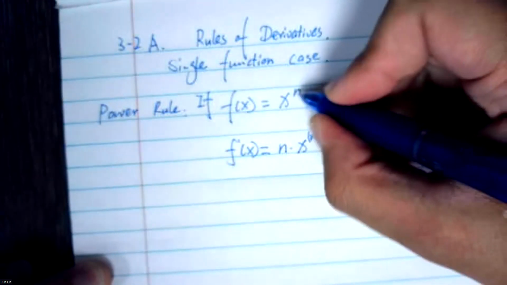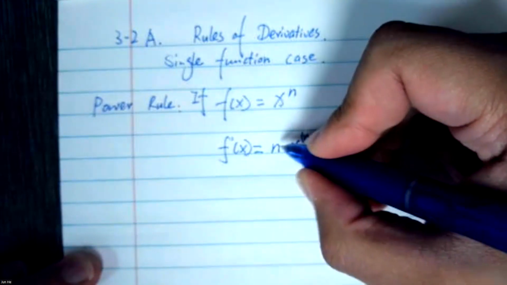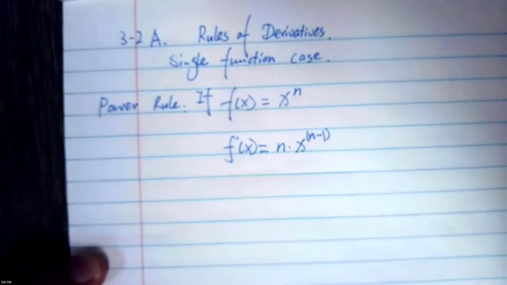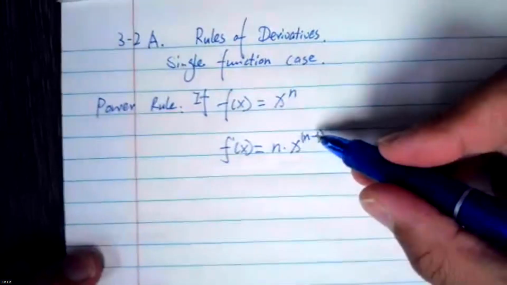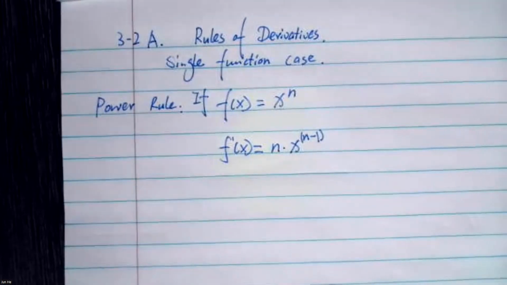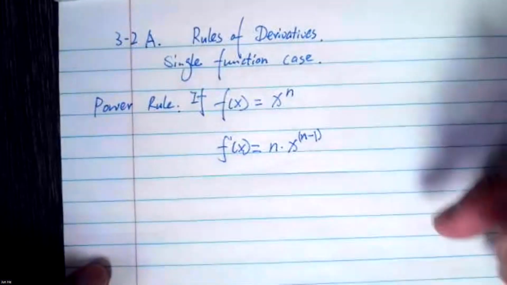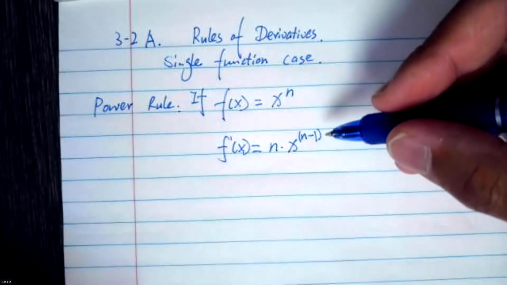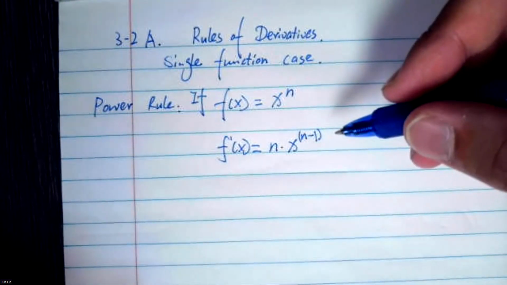So it is the n here, previously the power, now we copy it down, and then for the exponent, we deduct 1. So this is why I call this the fundamental rule.